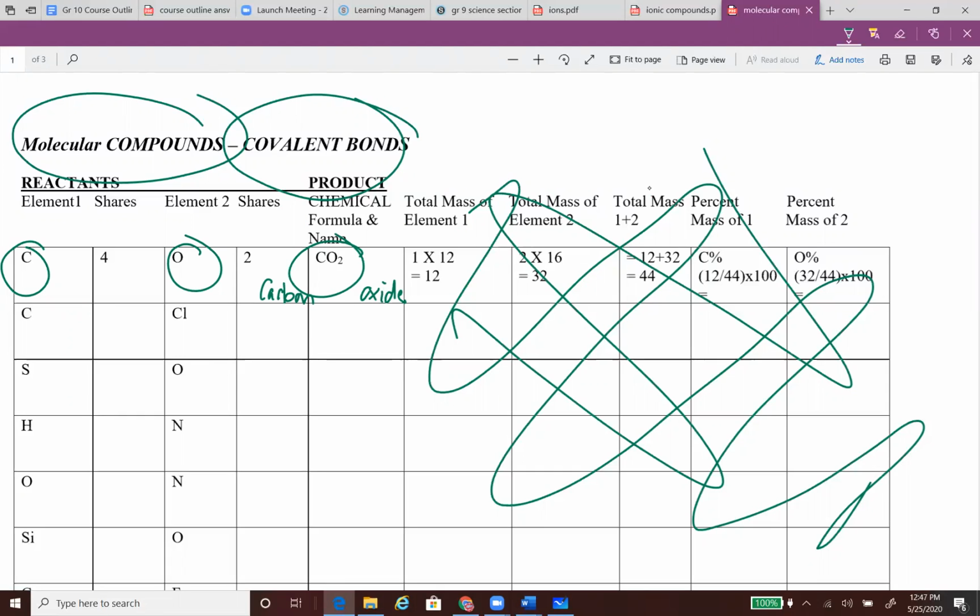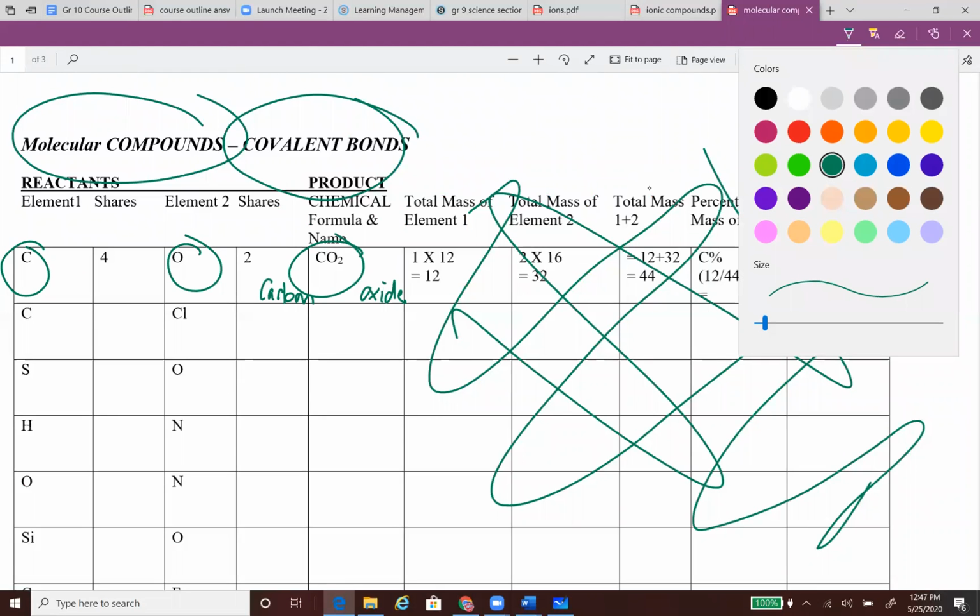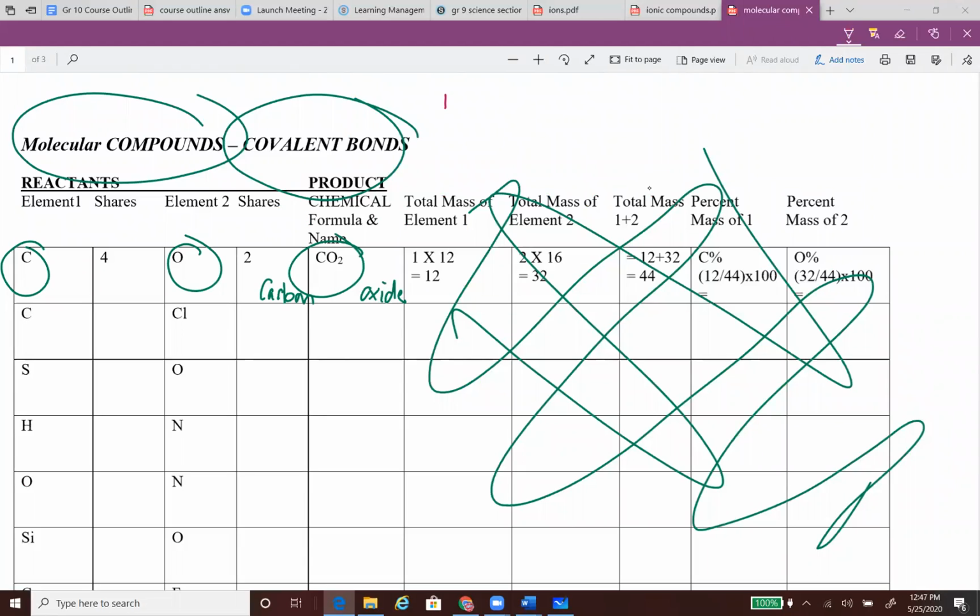Now, what makes this a little bit tricky is the use of certain prefixes. There are only a few that you're going to have to know: mono, di, tri, tetra.